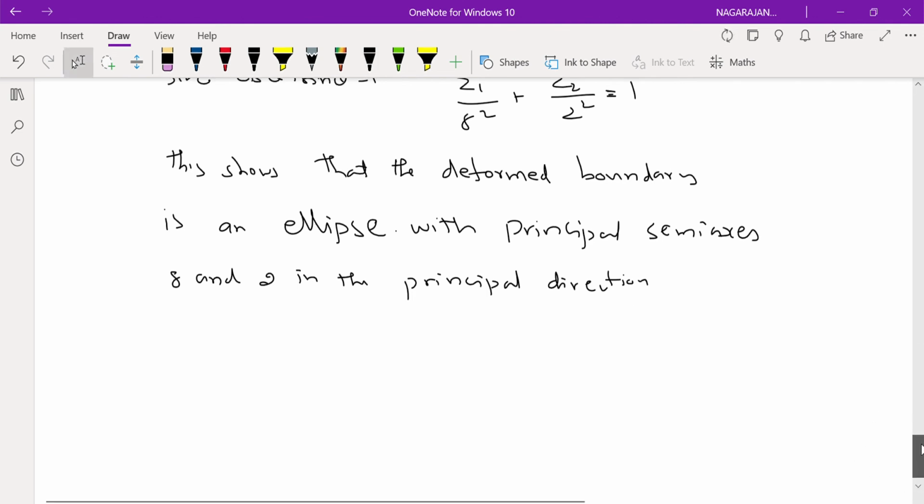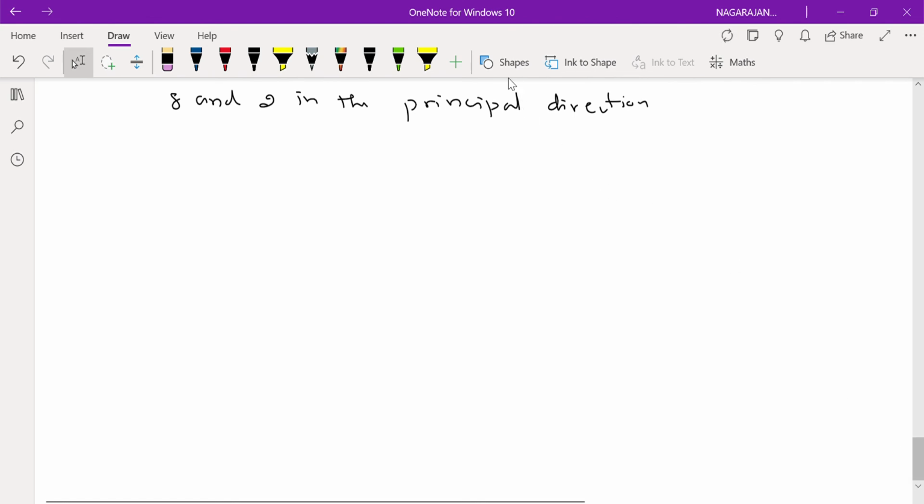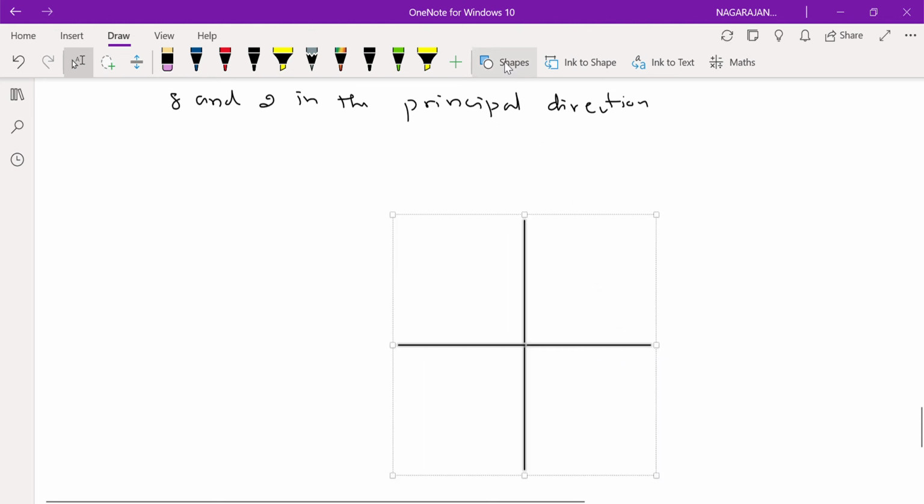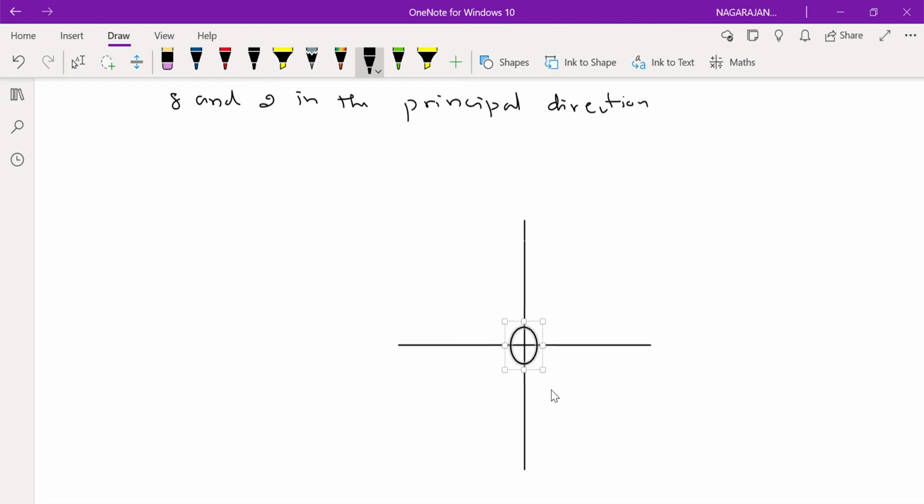The geometrical representation: a unit circle, so here semi major axis 8, minor axis 2, the ellipse just like this.